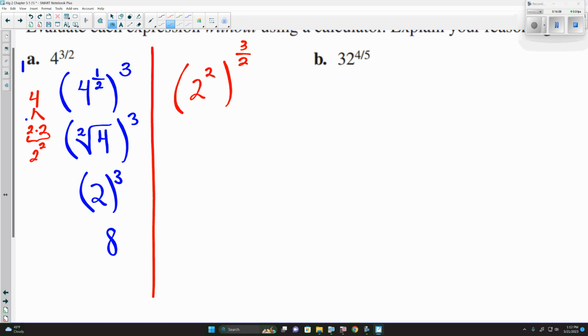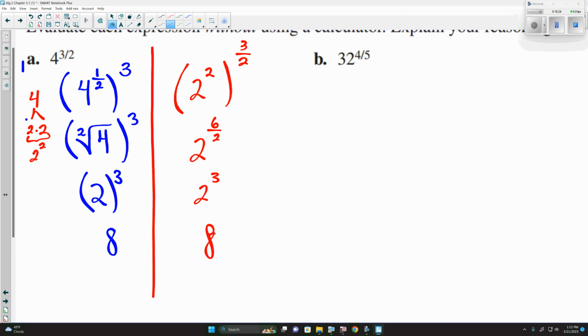So we can rewrite 4 as 2 squared. Now powers of powers multiply. So this is the same as saying 2 times 3 is 6 over 2. Well, 6 divided by 2 is 3, so 2 cubed, which is still just 8. It's just other ways that we can manipulate this.